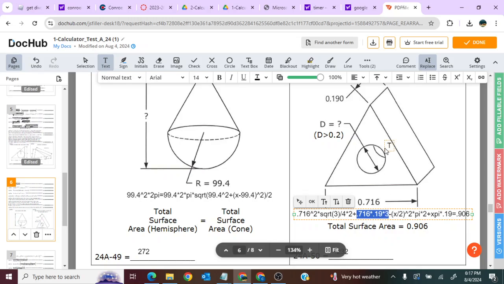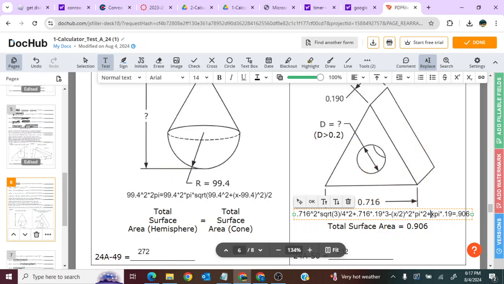And then once you have that, you subtract it by the amount taken away by this circle on both sides. So diameter over 2 squared times pi, and then times 2 because it happens on both sides. And then you also have new surface area added. You have this encavement right here, which is equivalent to the diameter times this 0.19 length.